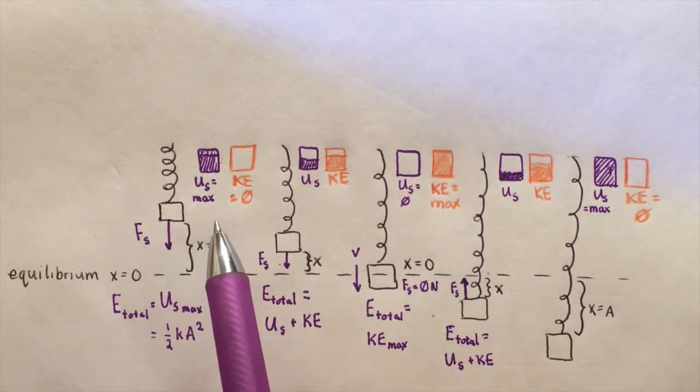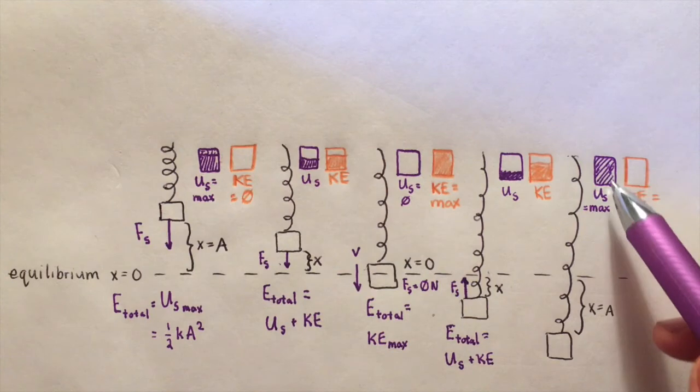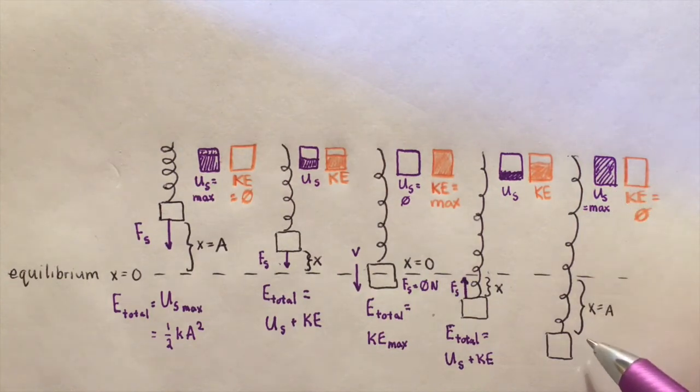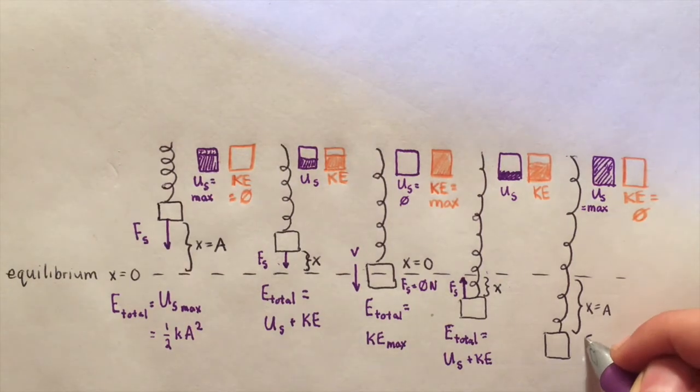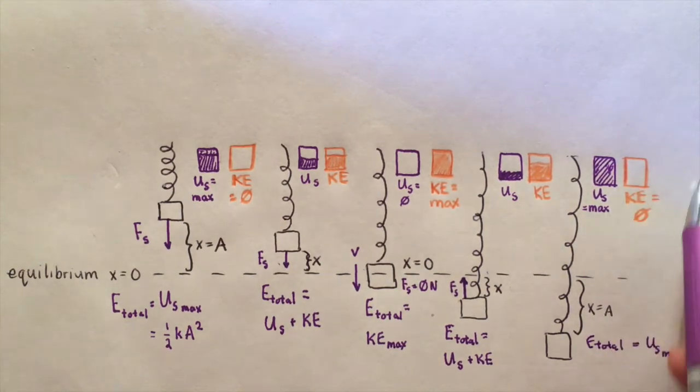The maximum spring potential energy at the beginning is equal to the max spring potential energy when it's stretched out below the equilibrium position. So my total energy in this case is equal to the spring potential energy at its maximum because there is no kinetic energy.